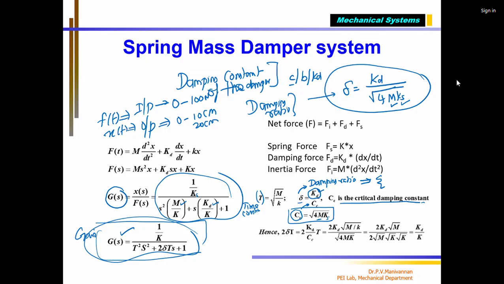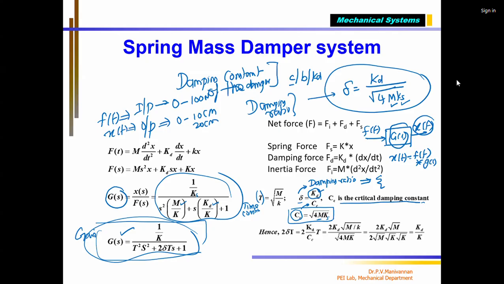Similarly here, this is my spring mass damper system, and a transfer function is written here. If I give an input F of t as a force, how much will X of t, the position of the mass element, move with respect to the current position? That is the output, and it depends upon the gain. We know that X of t equals F of t multiplied by G of s.